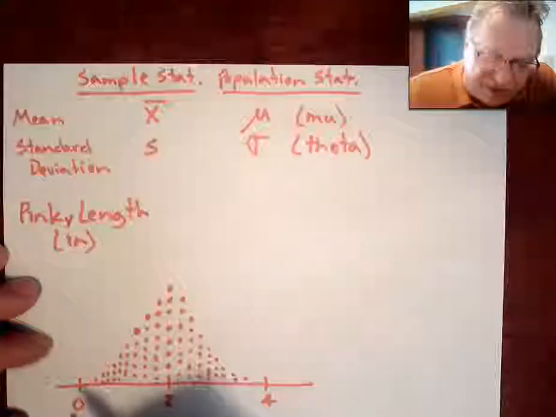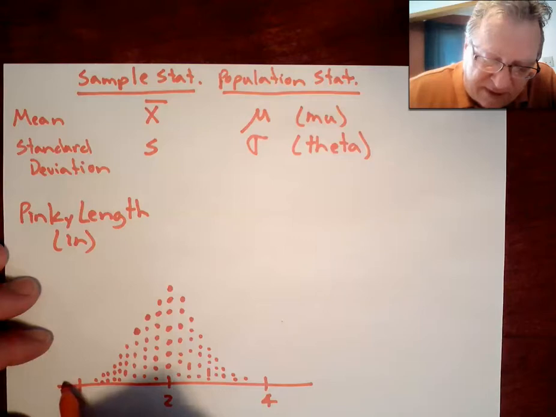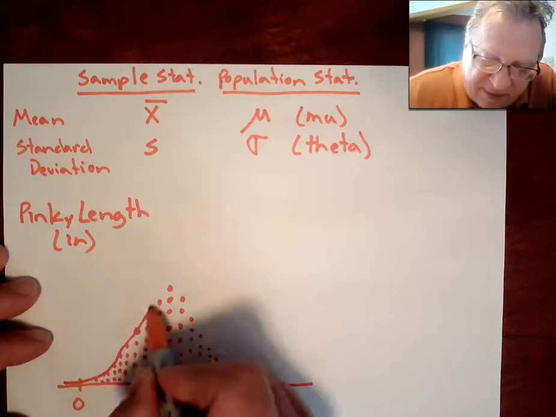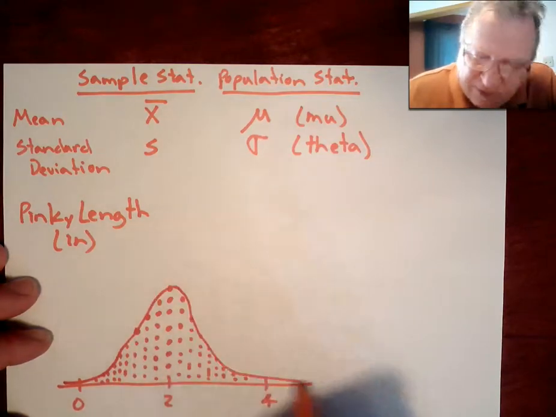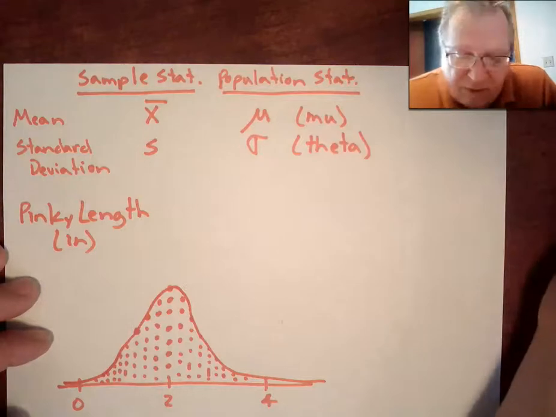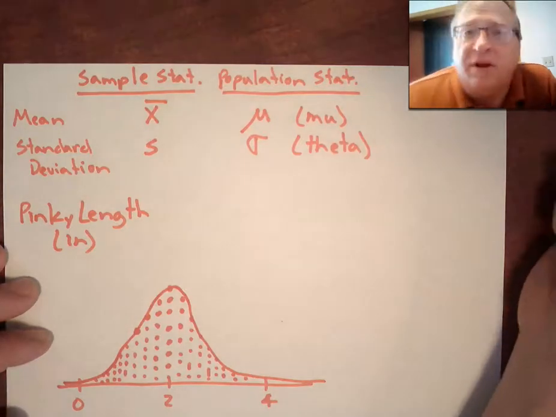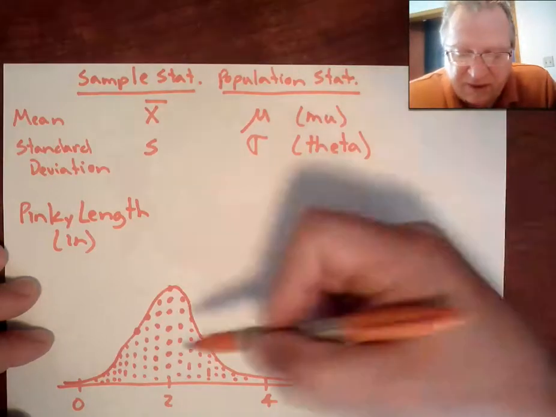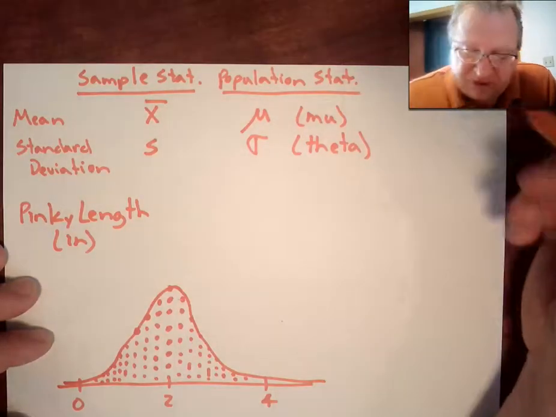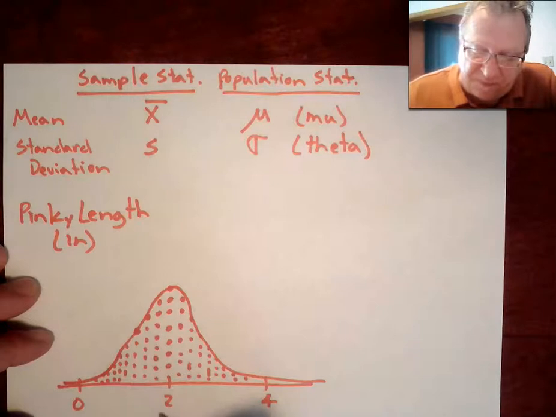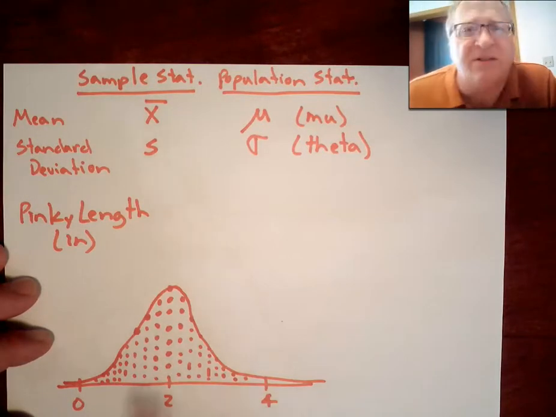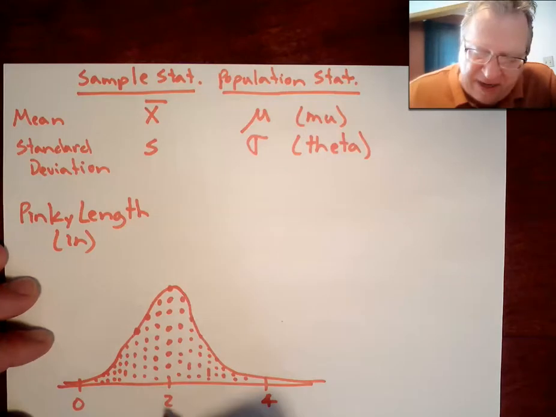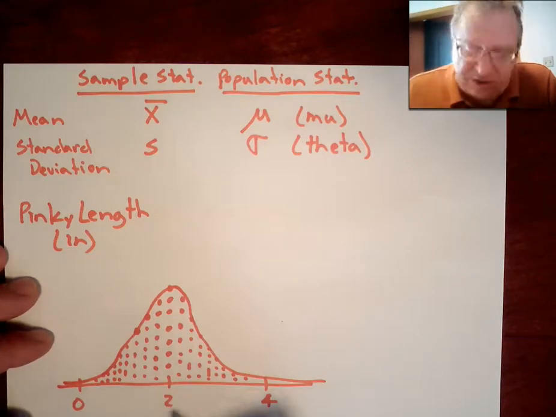Now, if we were to draw a curve that encompassed these data, we might do something like that and create what's called the bell curve for the normal distribution. There are several unique things about this curve. Let's now assume that I've calculated the mean, and the mean is 2 inches.